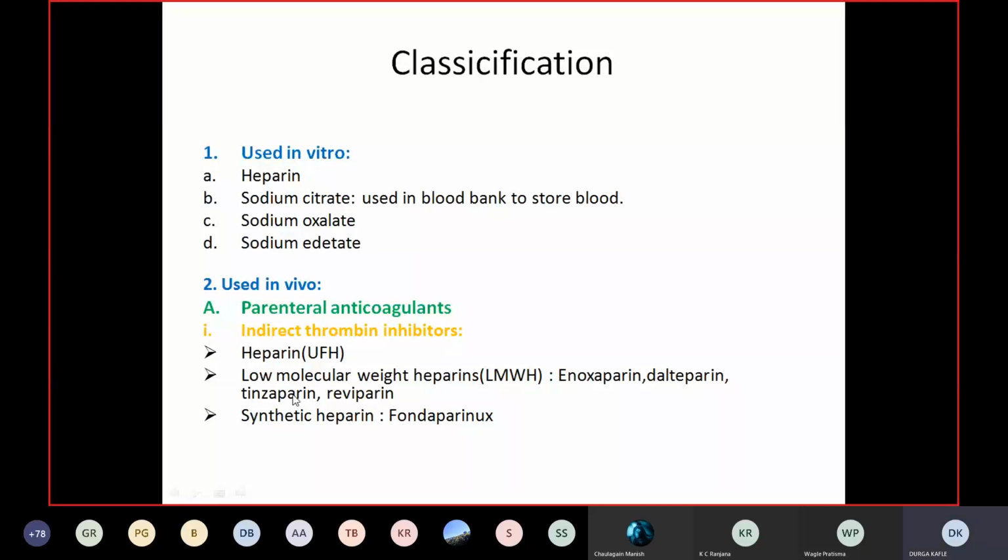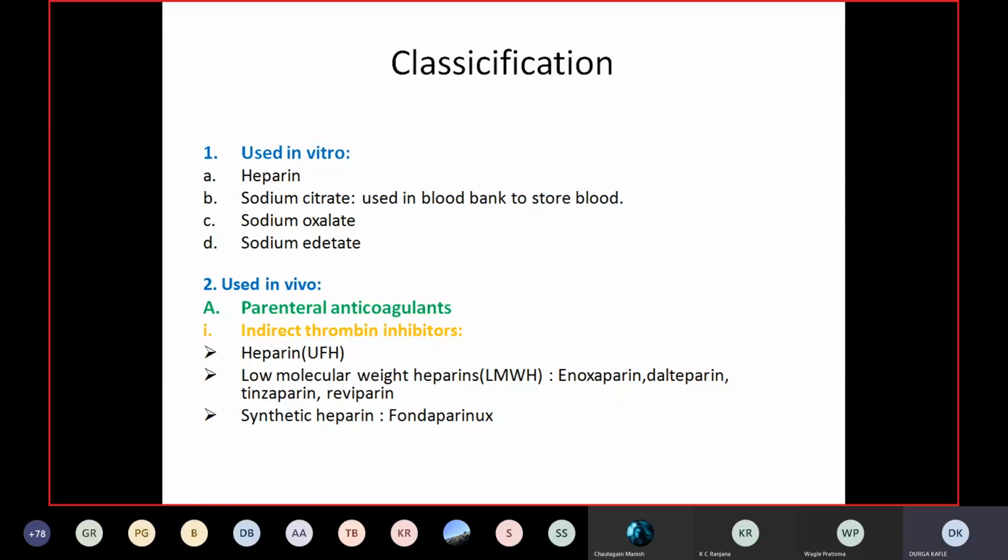These are classified further under different headings, either used parenterally or orally. Parenteral anticoagulants and oral anticoagulants, basically two types. In parenteral anticoagulants, we can again classify into indirect thrombin inhibitors and direct thrombin inhibitors, that is, they indirectly inhibit the thrombin.